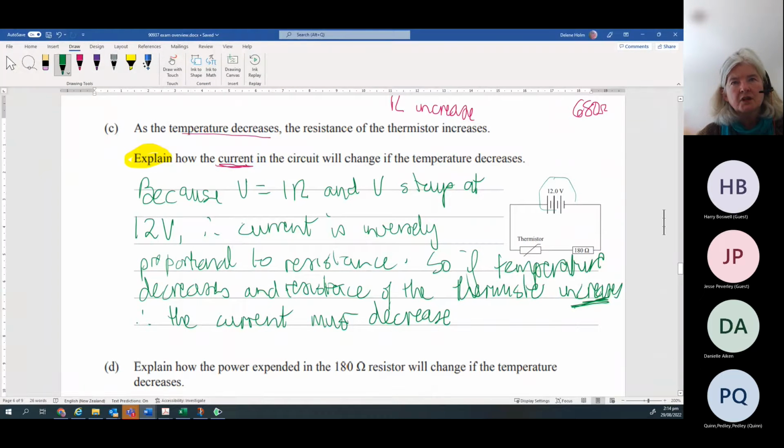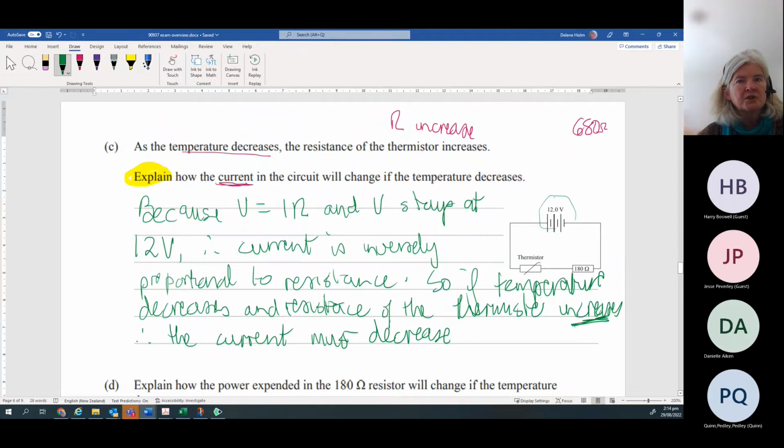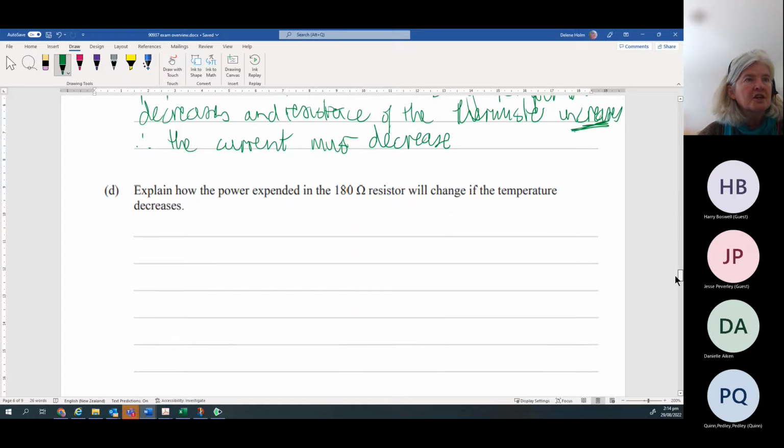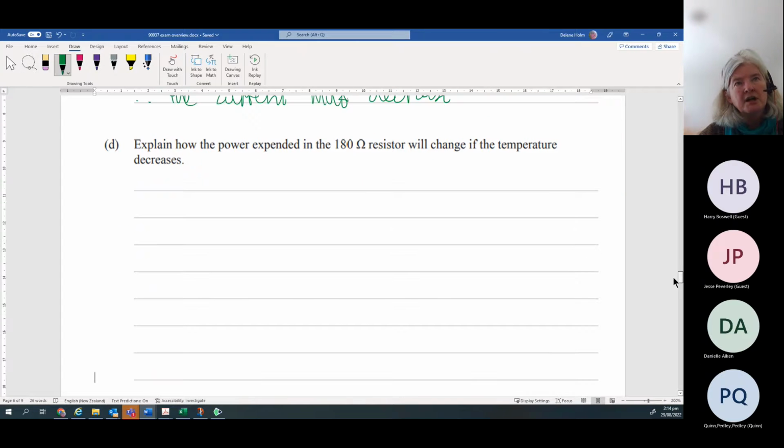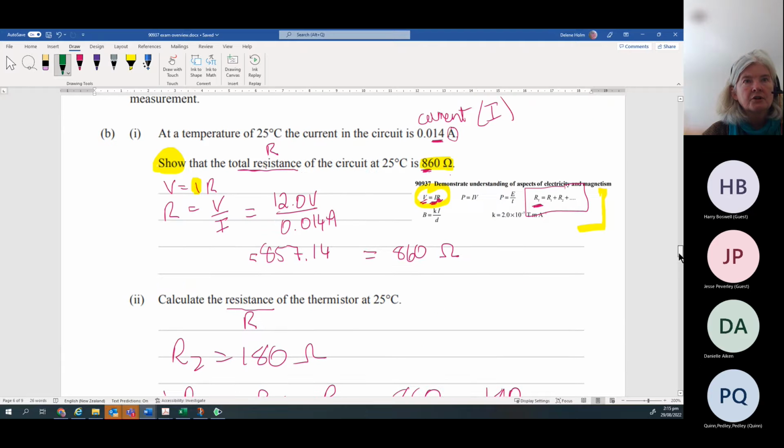Right, so that was here, and perhaps the number of lines will give you an idea of how much to write. So explain how the power, so again, now you would use the formula, refer to the formula, where you've got here P is equal to IV, so refer to that.